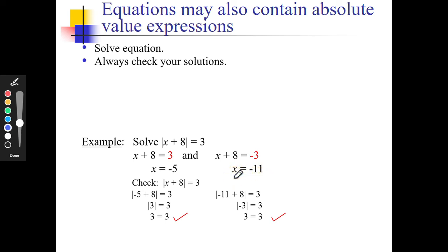So as before, we replace x with negative 11. Now we know that negative 11 plus 8 is negative 3. That's how we got negative 3 here. Good. Now when we get to the absolute value of negative 3, this is the question you need to ask yourself.